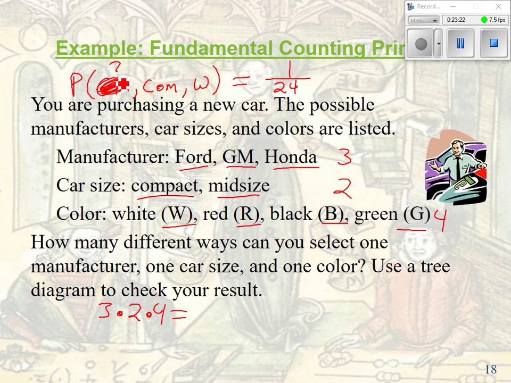What are the possible ones? You could have Ford, GM, or Honda. These 2 parts are going to stay the same, right? So how many different favorable outcomes are there? 3. So then it'd be 3 out of 24, which reduces to 1 out of 8.